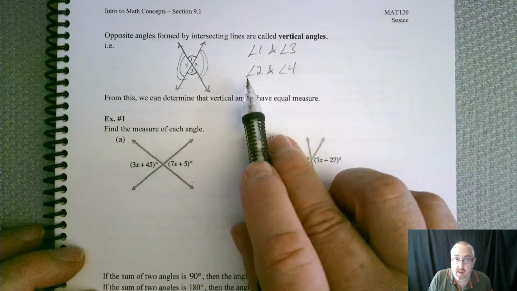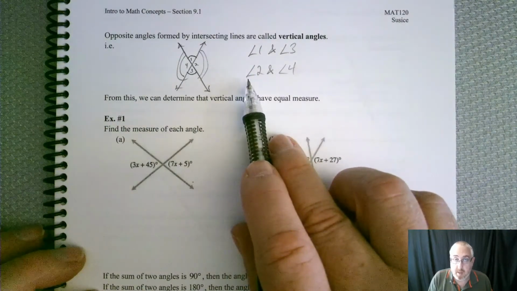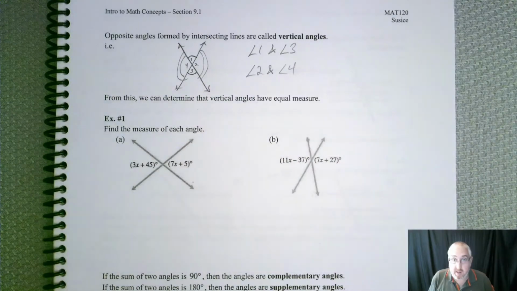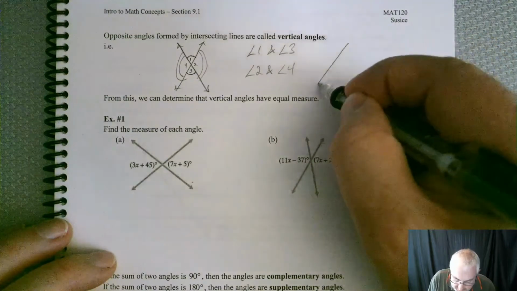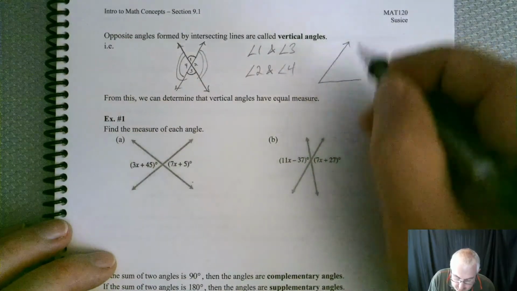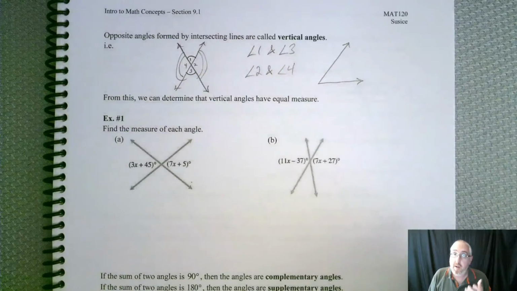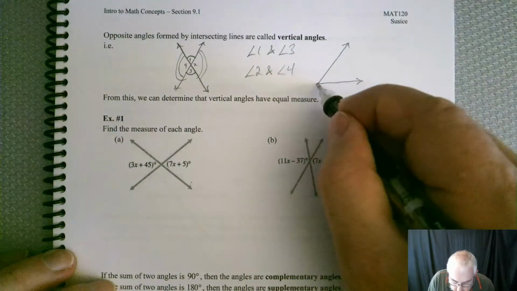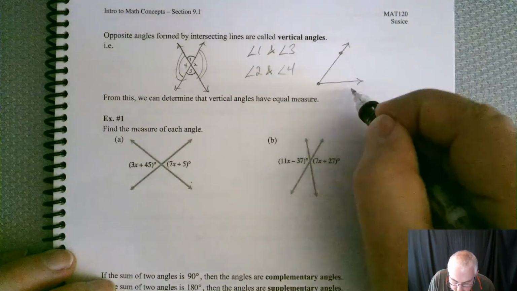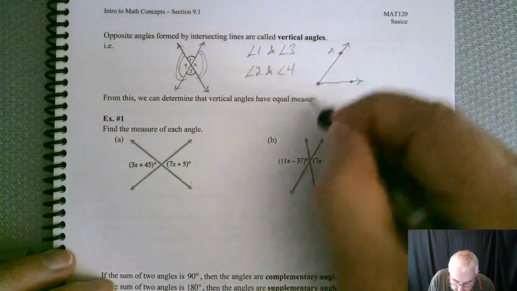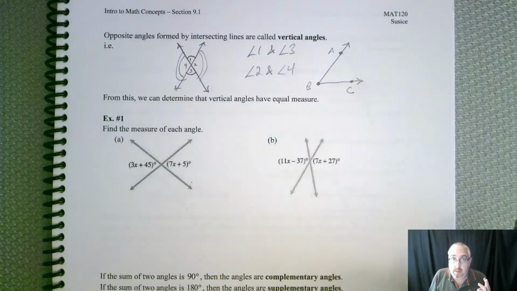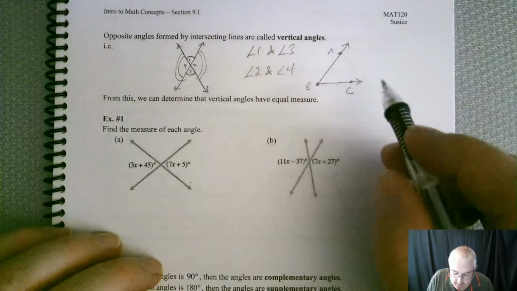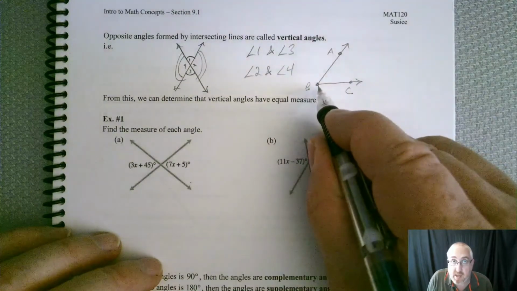So you can see I've already introduced a notation. This is the symbol for angle. Now, I should have done it in the last video, but I didn't. I'm going to do it right now. If we have an angle, it's going to be able to be described three different ways. If you got letters in there, which hopefully you do, I'm going to put some letters in there right now. You got A, B, and C. I could describe this angle three different ways. So the first way is based on its vertex.